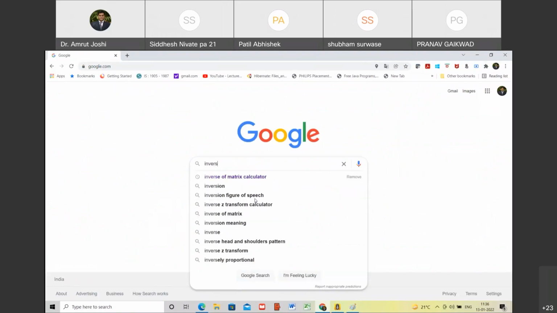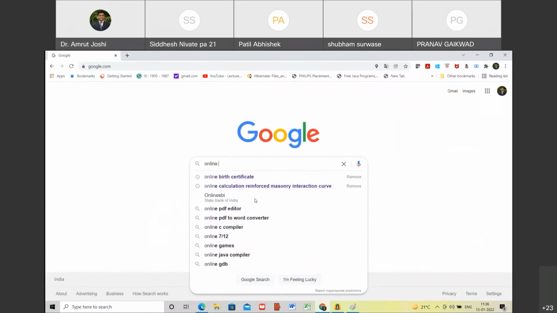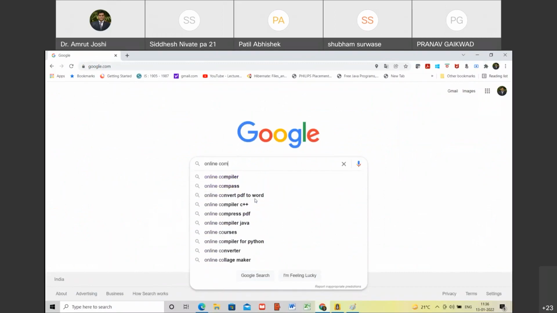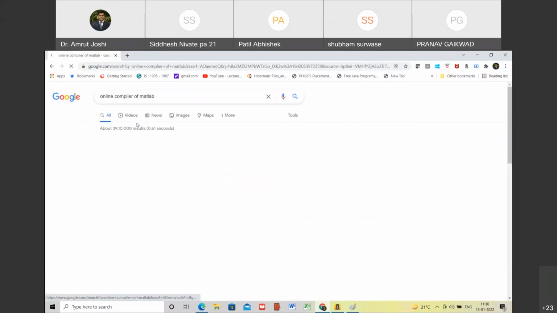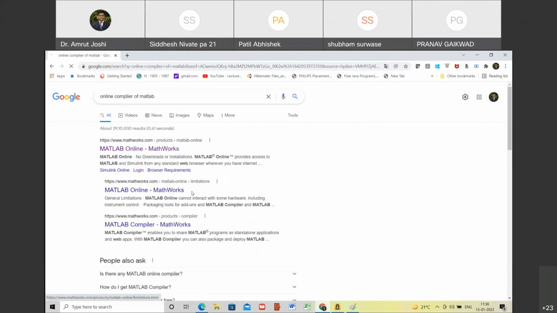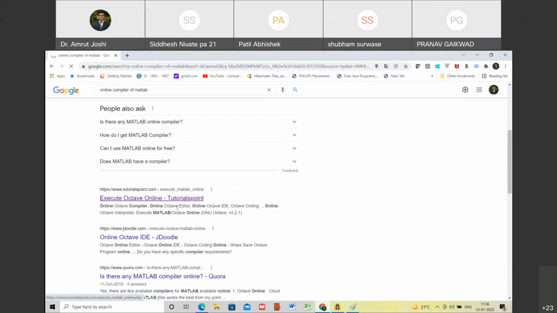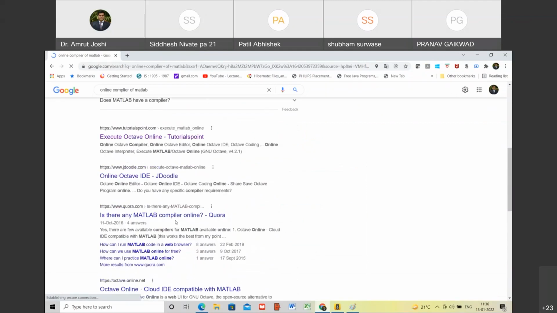So what we are going to use here is Matlab, the online compiler of Matlab, which we used yesterday in the lab sessions. Are you with me? So where is that? Do you have that link?